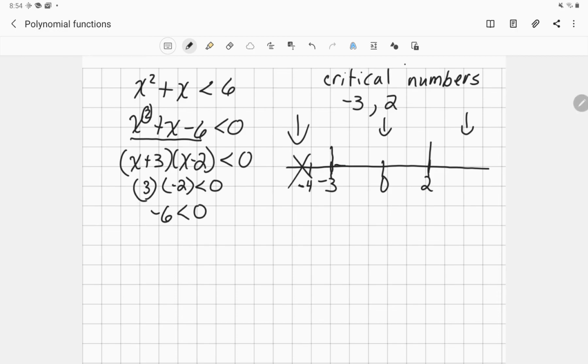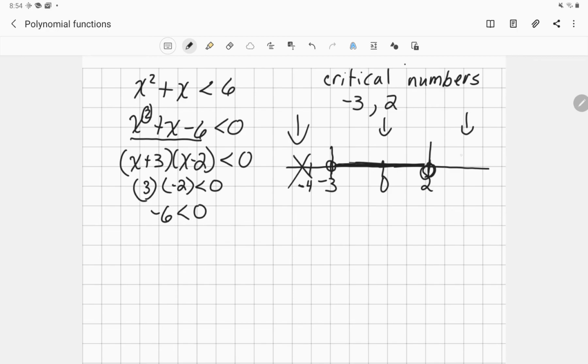So all of these numbers work. Now think about graphing on a number line. If there is no equal sign here, we put an open circle at -3, and we put an open circle at 2. If there was an equal sign here, then I would have colored in those spots, but there wasn't.